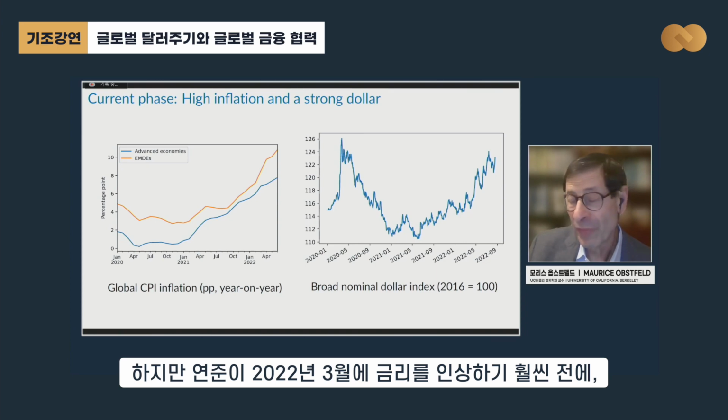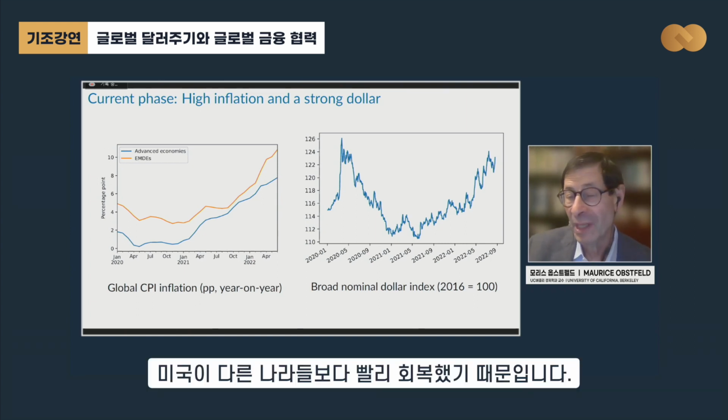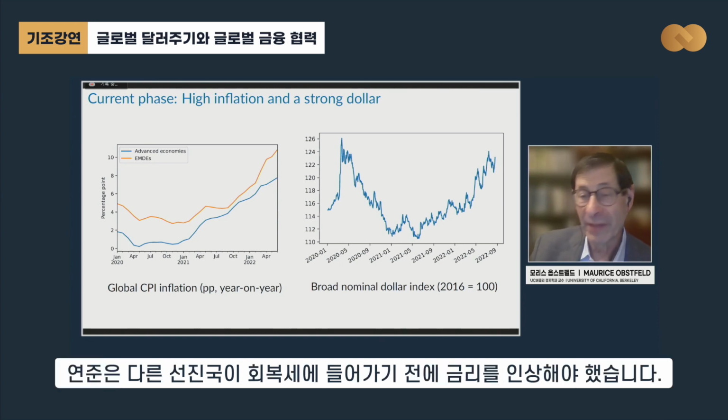But long before the Fed started hiking interest rates in March of 2022, the dollar was already on the rise because it was obvious that the U.S. was recovering faster than the rest of the world, and the Fed would have to raise interest rates sooner than other industrial countries, which indeed was the case.